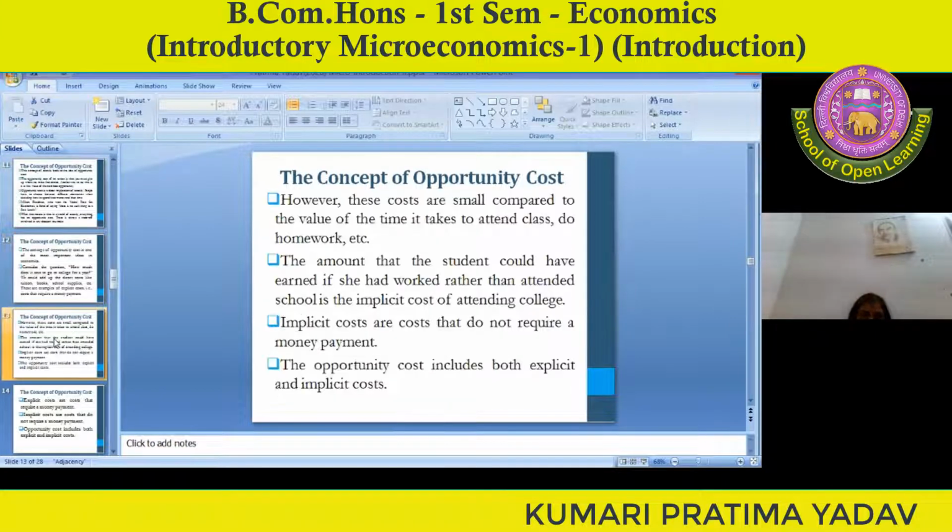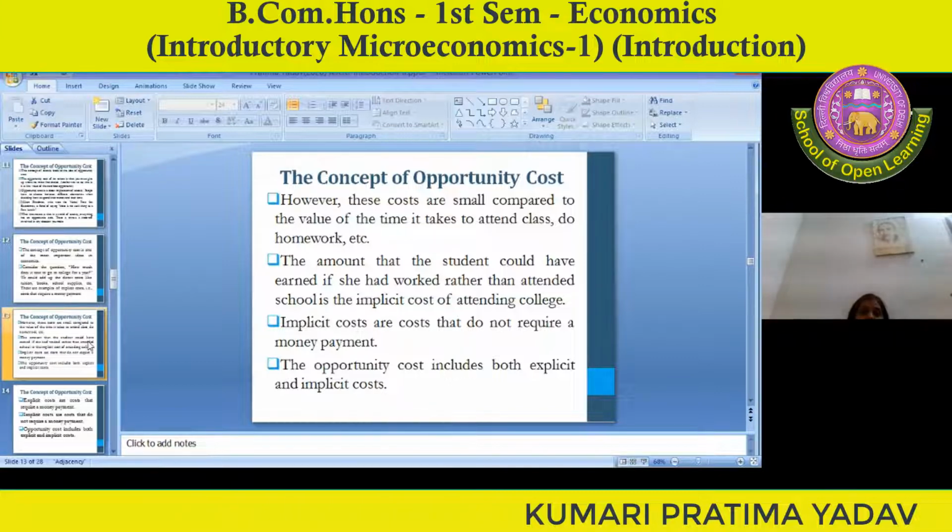So let me see the next. However, these costs are small compared to the value of the time spent attending class. The amount the student would have earned if she had worked rather than attending school is the implicit cost of attending college. Implicit costs are costs that do not require a money payment. So explicit is where you require money to pay, implicit is where you don't require money to pay.